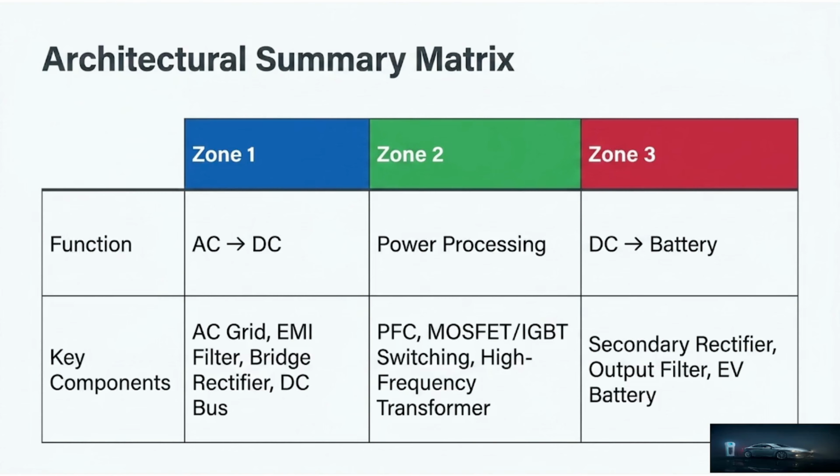In zone 2 we process that power using PFC, high frequency switching, right? We discussed the MOSFET, the IGBT switching and the transformer. In zone 3 we discussed the rectifier and filtered that power again. And finally the battery received the controlled DC power.